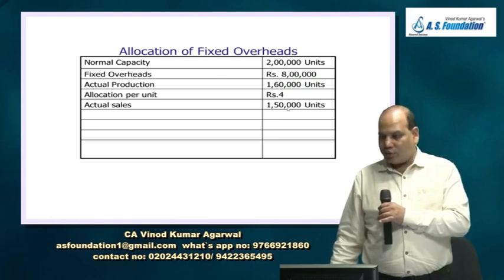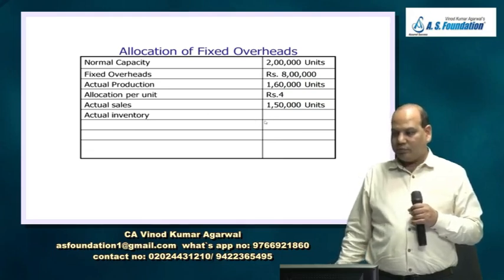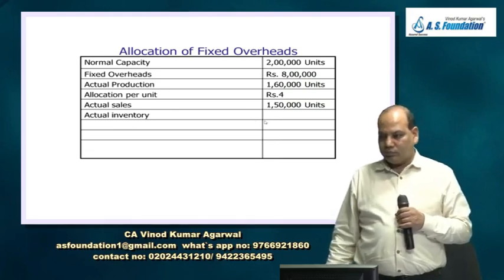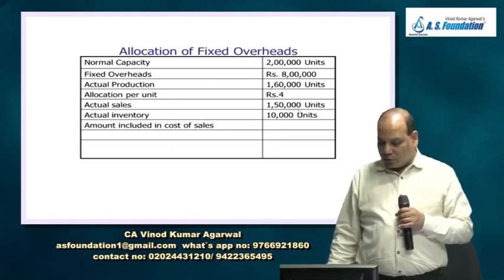Now actual sale is 1,50,000 units. Dear student, answer: what is my actual inventory? Actual inventory will be 10,000 now. Out of 160, 150 sold. Value this cost of sale. How much fixed overhead will be included in cost of sale? 1,50,000 into 4, 6 lakh.